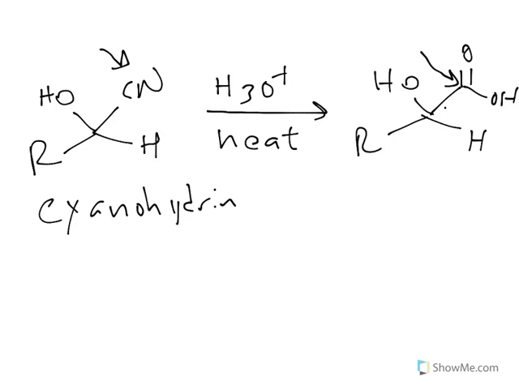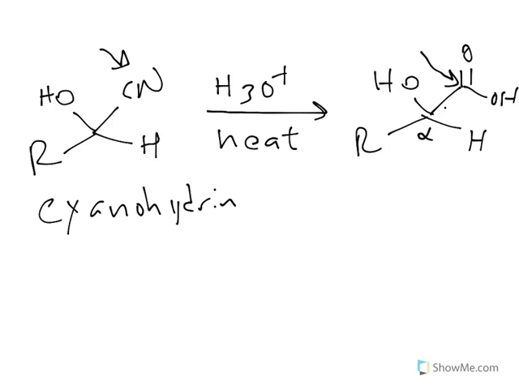We'll see shortly in a future chapter that a cyano group or a nitrile can be hydrolyzed to give a carboxylic acid. If we look here, this carboxylic acid is kind of special because in the alpha position to that carboxylic acid, we have an OH group.